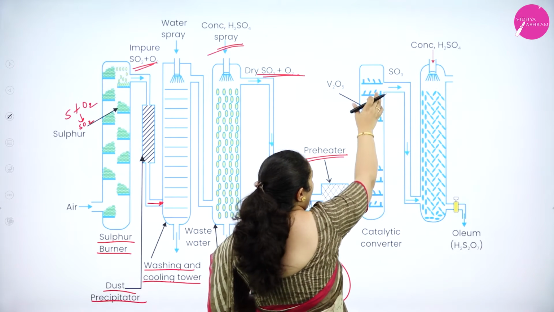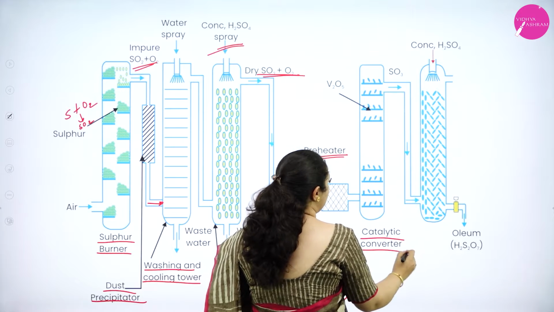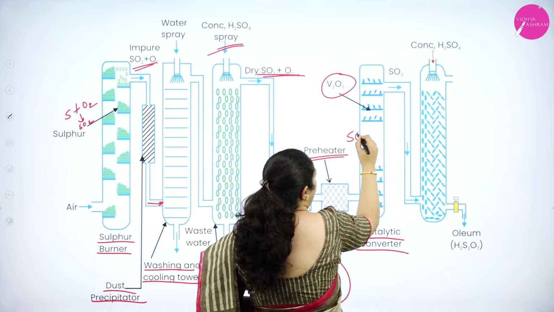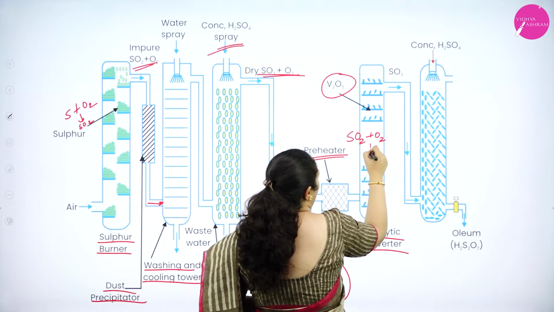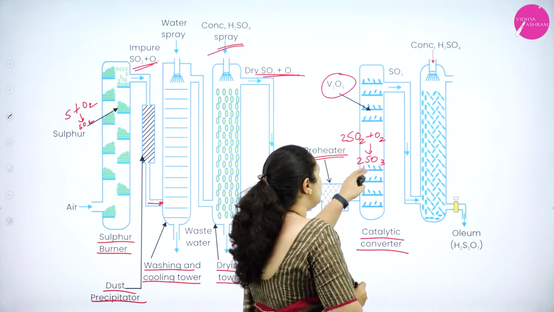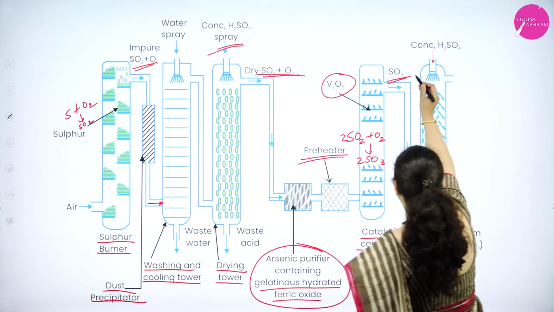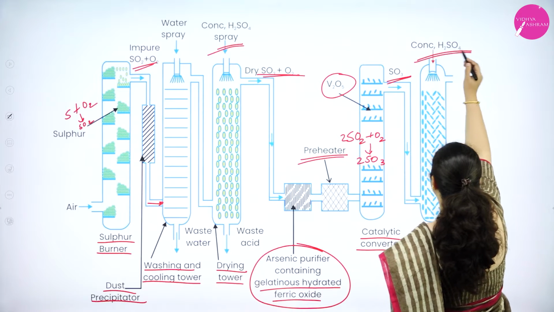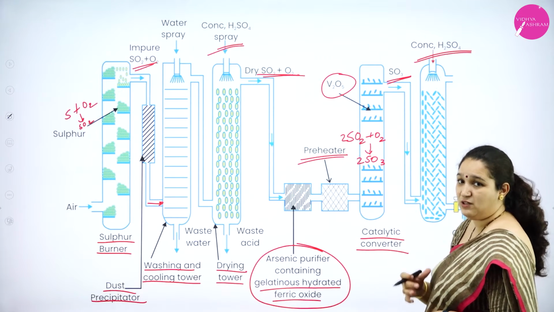Further, it is coming to the catalytic chamber in which you have the catalyst. Now sulfur dioxide and oxygen will form sulfur trioxide. Correct? So the sulfur trioxide which is formed here is then passed into the chamber in which concentrated H2SO4 is sprinkled from above.